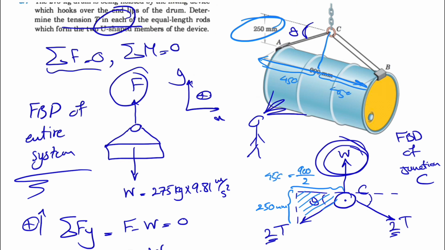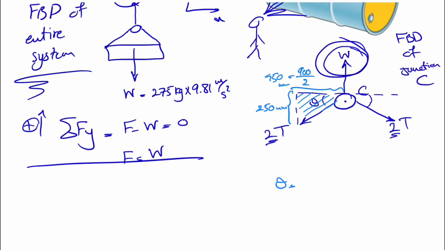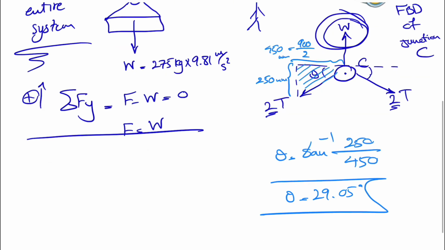So this side will be 450 millimeter. And if we want to find theta, we simply have the tangent inverse of opposite, which is 250, over adjacent, which was 450. So our theta will be 29.05 degrees.